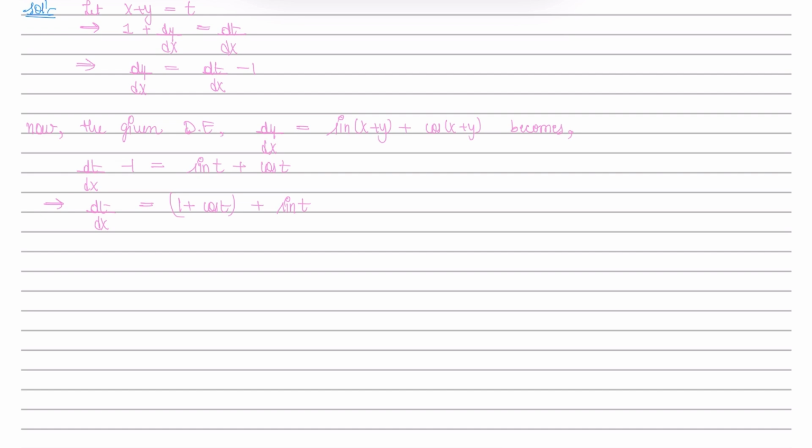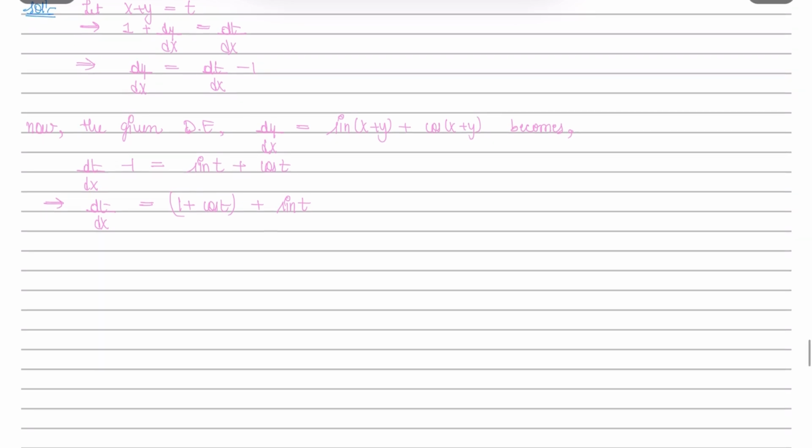Now, using some forms of trigonometry, 1 plus cos 2 theta is equals to 2 times cos square theta, and sin 2 theta is equals to 2 times sin theta into cos theta.